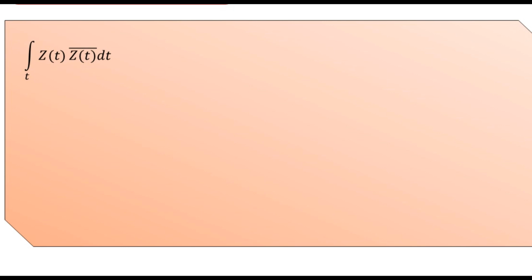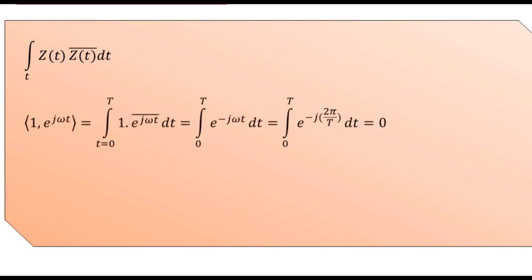The time duration will be small t greater than or equal to 0 but less than or equal to the time period capital T. Omega is equal to 2 pi divided by capital T here. So we have the notation 1 comma e to the power j omega t in these brackets, expressed as the time integral 0 to capital T of 1 multiplied by the complex exponential e to the power j omega t.